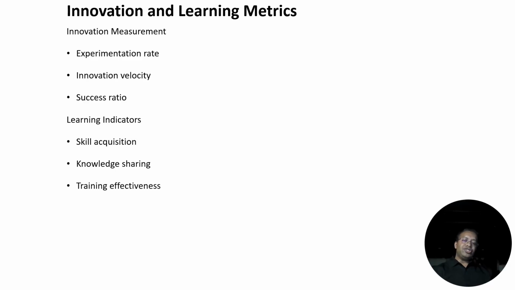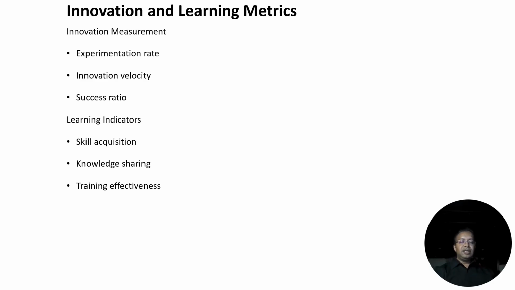Now, innovation measurement and learning metrics, like we discussed in a prior module. Innovation measurement can be based on how many experiments were conducted, how much is the experimentation rate in the organization, the velocity at which innovation is generated, the success ratio, and how we are able to successfully deliver a particular product for a clientele or for a group of customers.